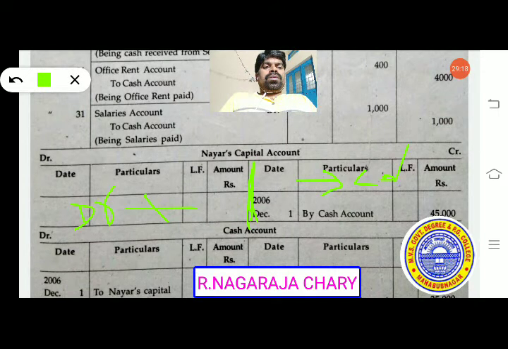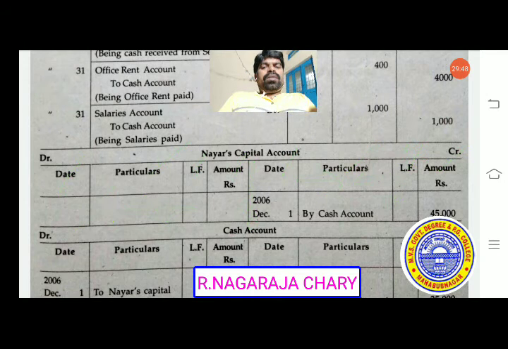Whether it is debit or credit, you will have 4 columns: date column, particulars, ledger folio, and amount. In the same way on the other side, date, particulars, ledger folio, amount. So, we have 4 columns in each side, left side and right side.